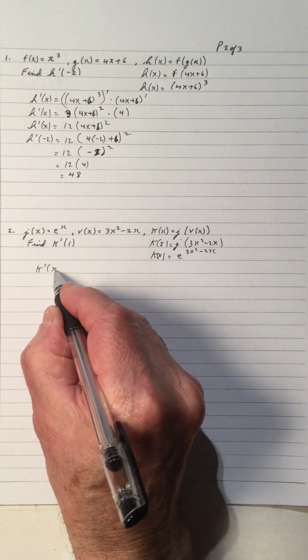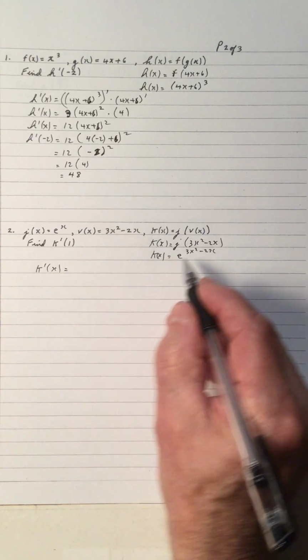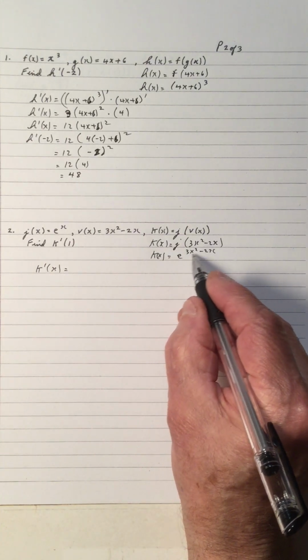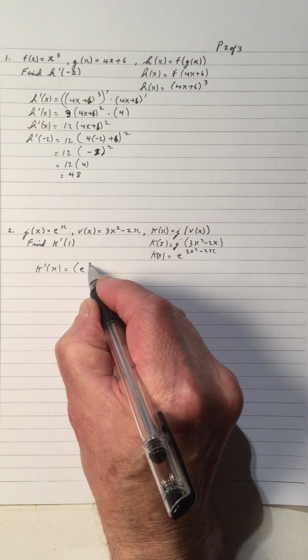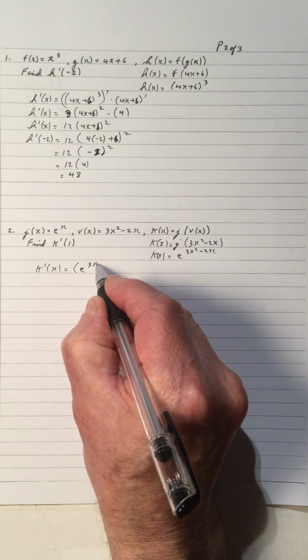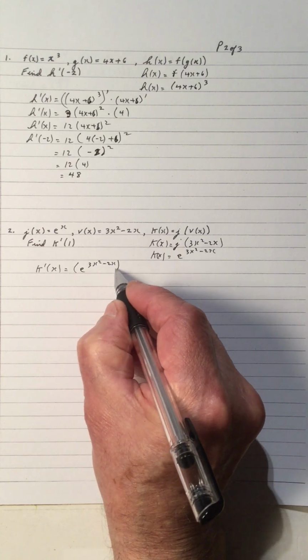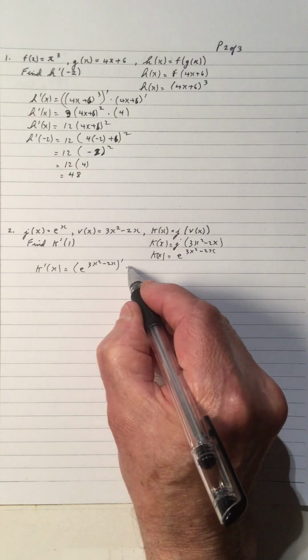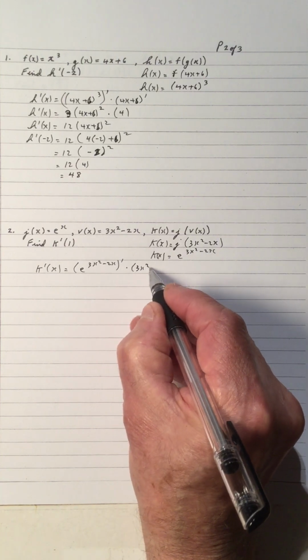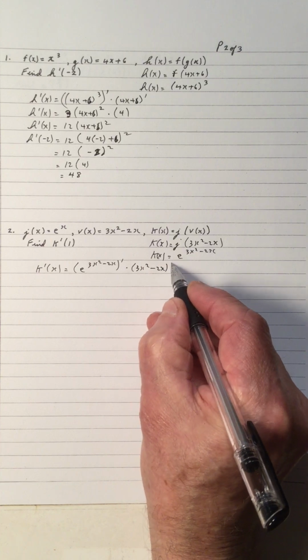The derivative of k of x, again a composite function, is the derivative of the main function times the derivative of the inside, which is 3x squared minus 2x.